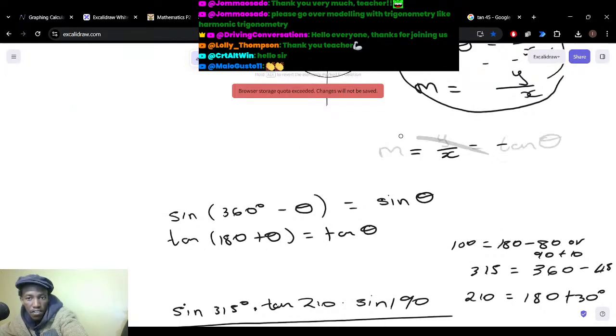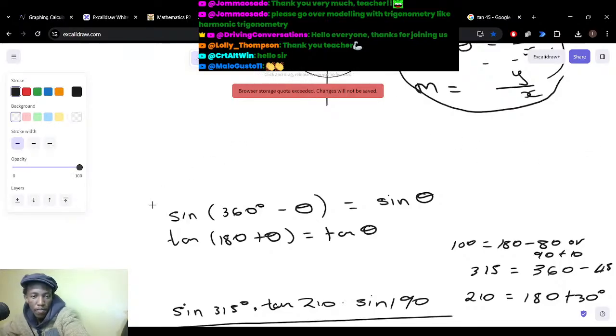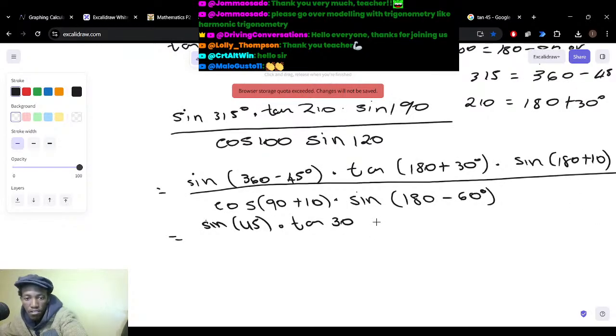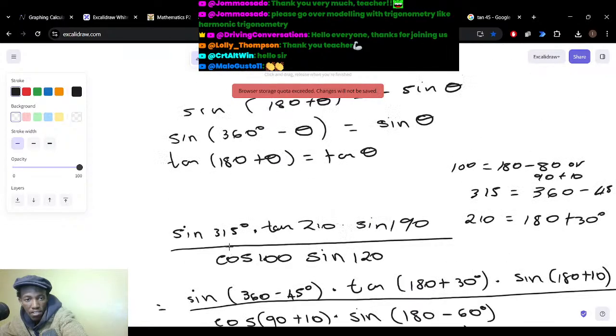And we know another trig reduction, that sine of 180 plus theta is equal to minus sine theta, right? So this then equates to minus sine 10 degrees over cos of 90 plus theta.